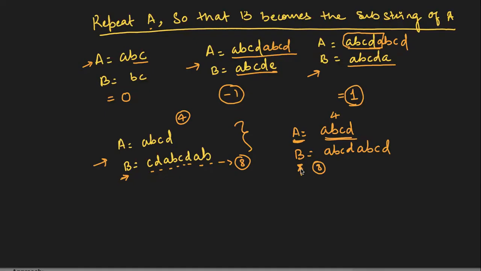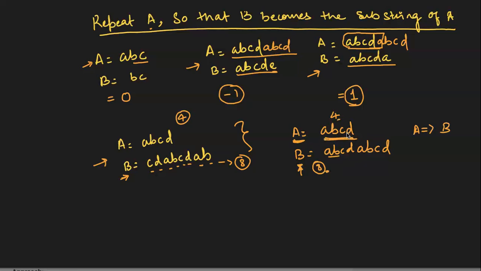First requirement of making B a substring of A is we need to increase the number of characters in A so that the number of characters in A is equal to or greater than B, right? Then B can be a substring of A. Right now, the number of characters in A is 4 and in B 8.